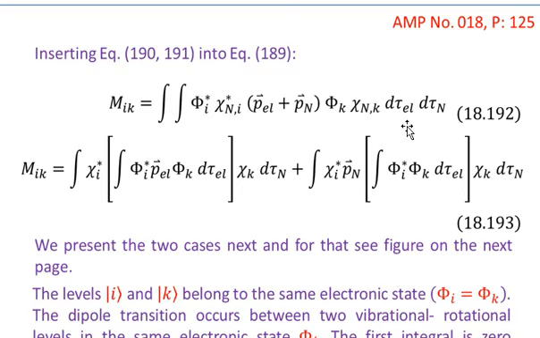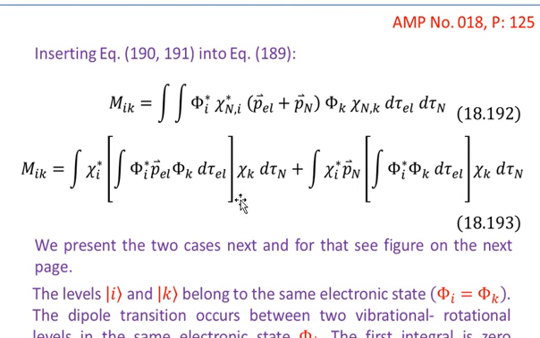And then you see that I am integrating with respect to d tau L and d tau N. And you can see the transition dipole due to electron and due to nucleons is present in the integral. Now you see that we can separate out the two integrals. One integral will contain PEL, that is the electronic transition dipole, and the other will contain PN, which is the nuclear dipole transition.